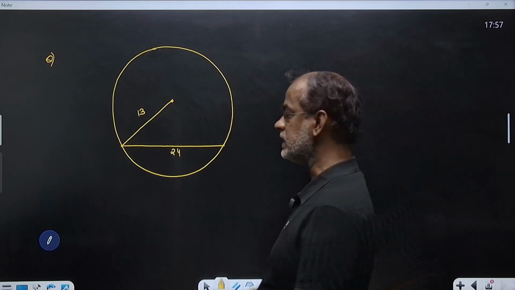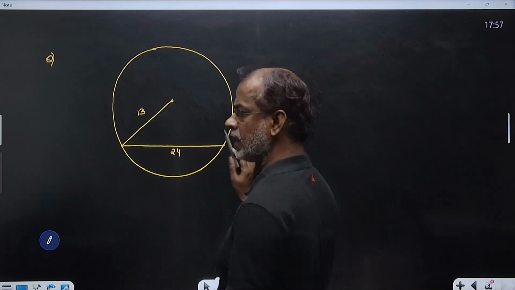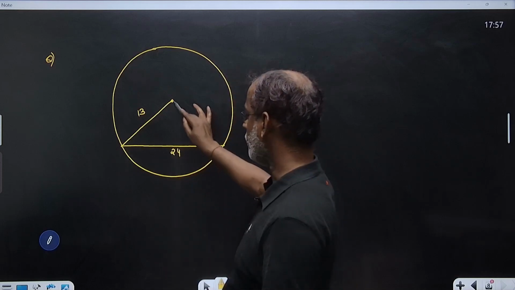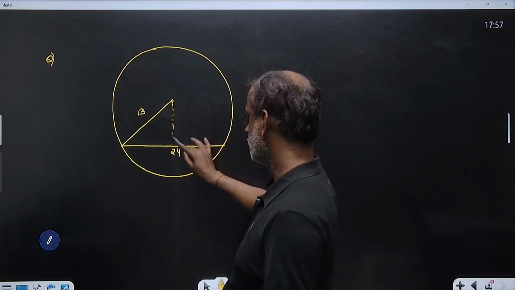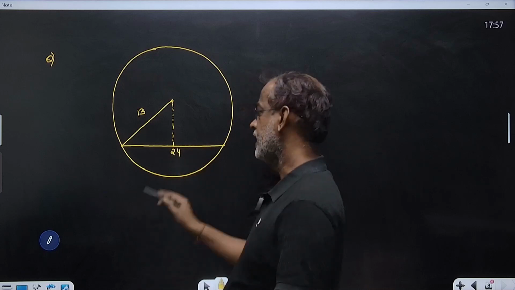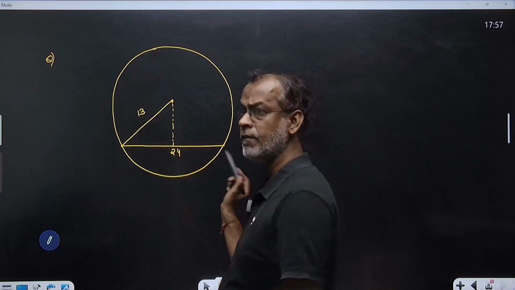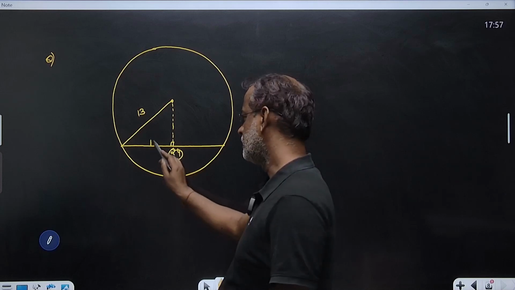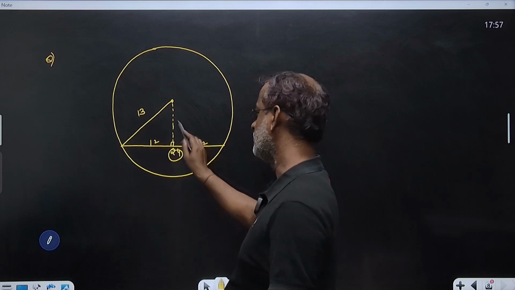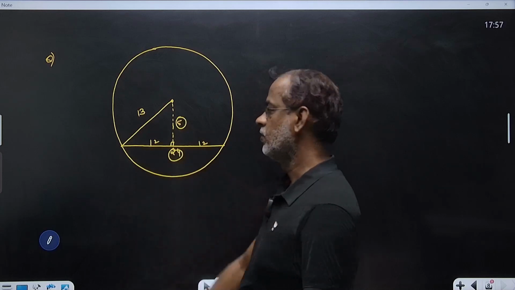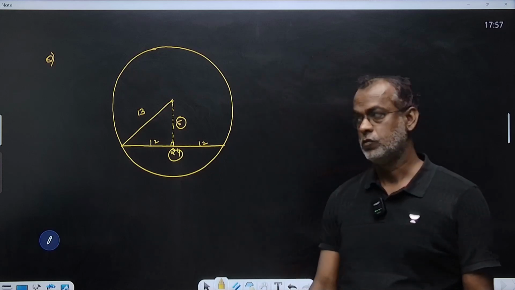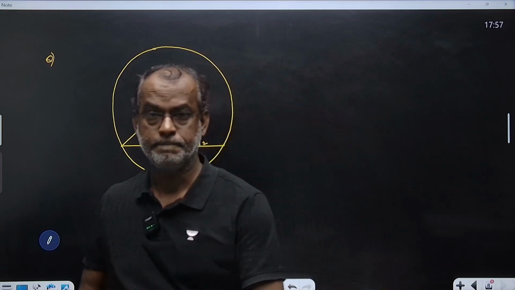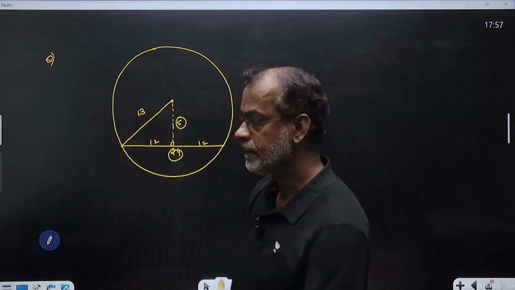Very easy, you can almost understand what we are going to do, isn't it? The perpendicular from the center will bisect the chord. This is a right angle triangle, this is 24, this is 12, this is 12. So, its distance from the center is 5 units.